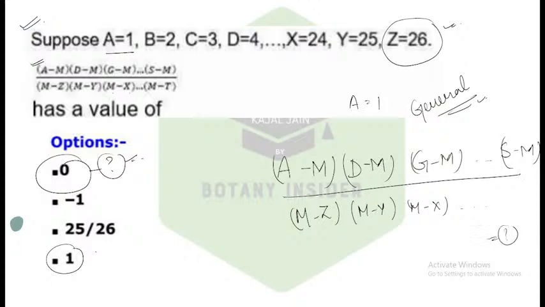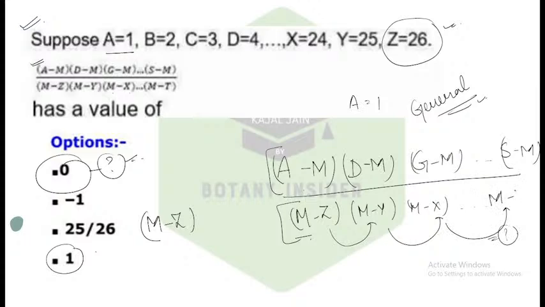See, if you observe very carefully, do not go for the numerator, just observe the denominator. If M is getting subtracted from Z, then from Y, then from X, there will be a point at which M would be getting subtracted from M, right? And when M gets subtracted from M, you will get 0.